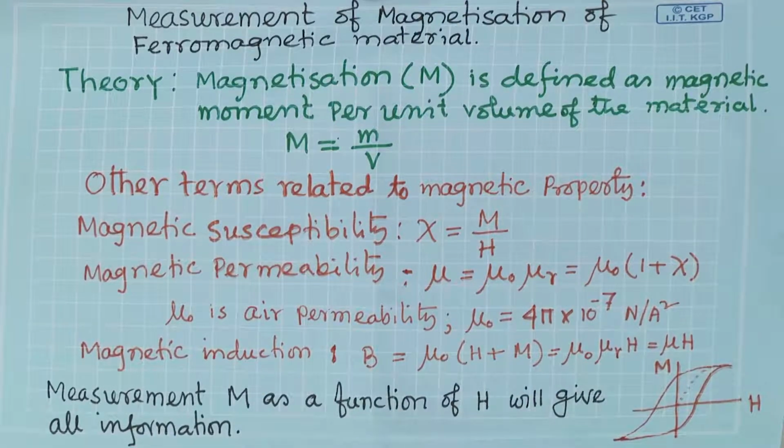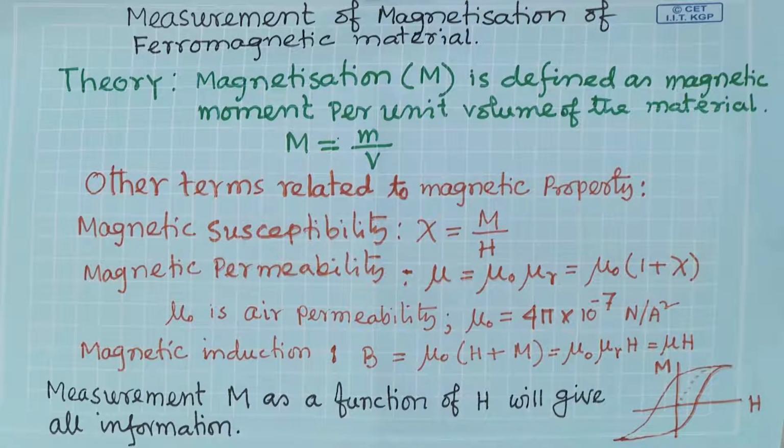So if we can measure magnetization M as a function of magnetic field, then we will know about the magnetic property of the material. That is why it is very important to measure the magnetization of a material, especially ferromagnetic material, which we will use in our laboratory.